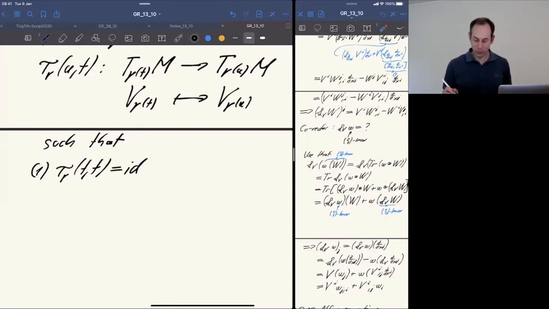For example, the first property says if I just don't move, then obviously the arrow stays. A gyroscope shouldn't change if I don't even move in space-time. It means I'm just looking at it twice at the same point in space-time, which really means it's exactly the same arrow.